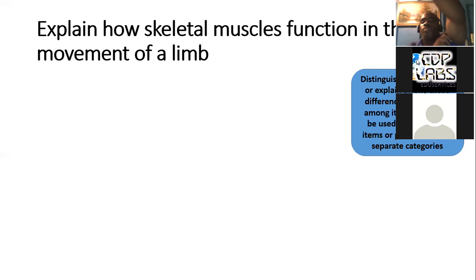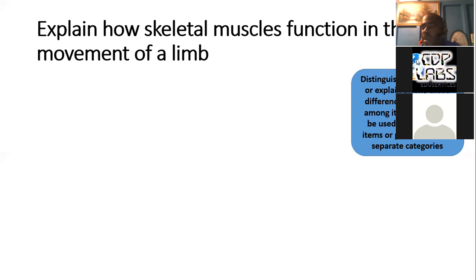What are the two skeletal muscles that allow me to lift my hands? Biceps and triceps. Exactly. The two skeletal muscles that help me with the movement of my upper limb are the biceps and the triceps.